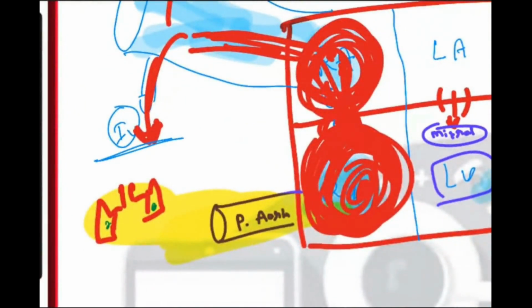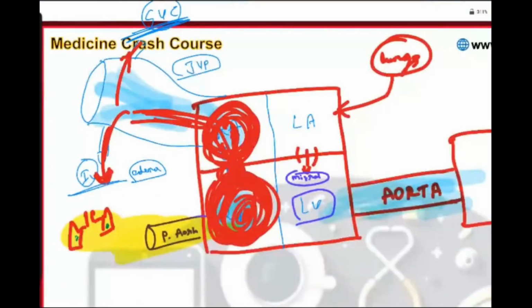We have so many veins in the lower limb, so they will get distended, leading to lower limb edema. So edema and JVP are the signs of right heart failure. If the right heart fails, we see these signs.